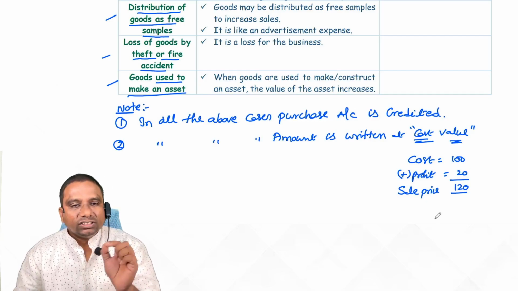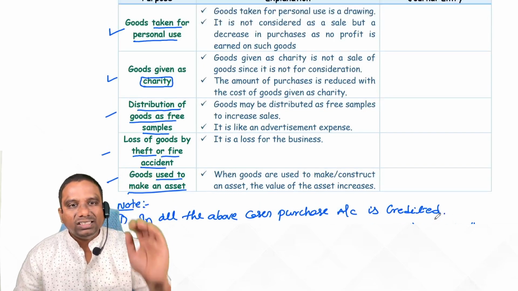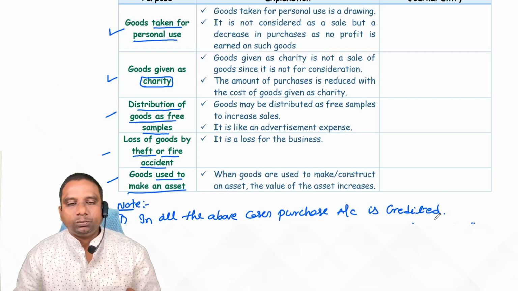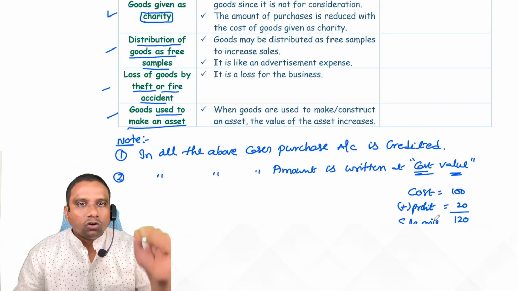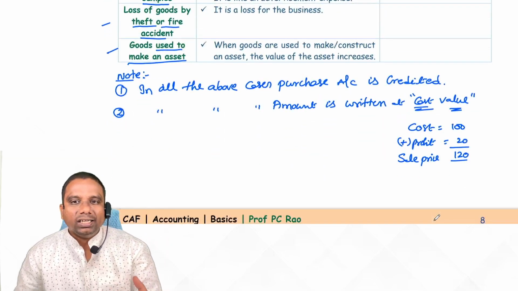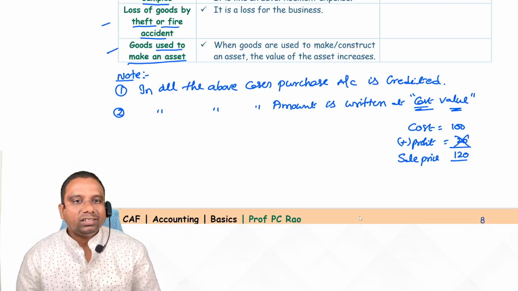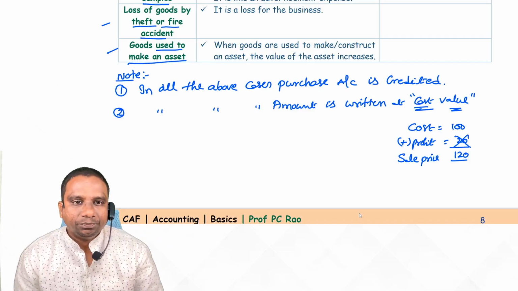If I sell these goods, I can generate some profit. Suppose instead of selling goods, I have utilized the same goods for these purposes, meaning withdrawal, charity, free samples, goods theft, or goods used in making an asset. In all these cases, we don't generate any profit, and notional profit we should not record in the books of accounts.